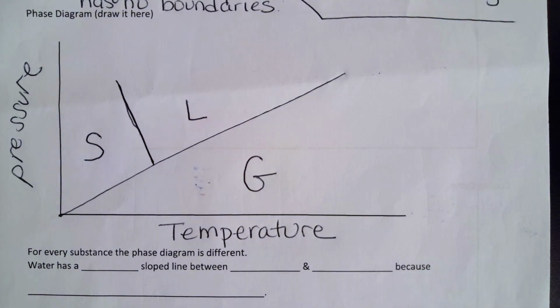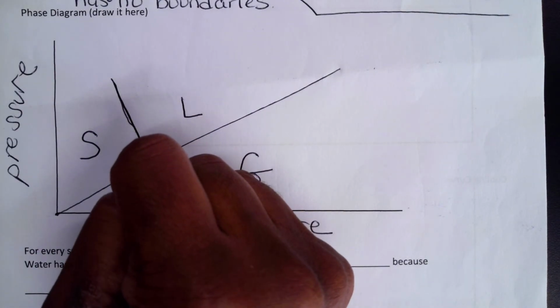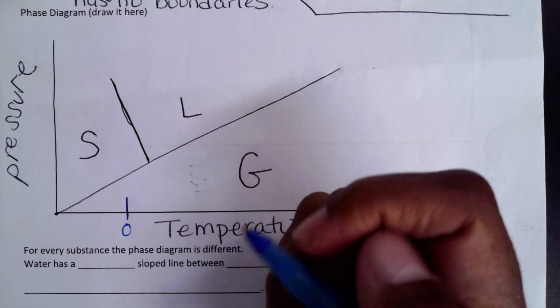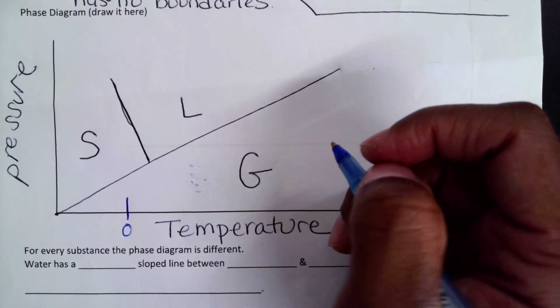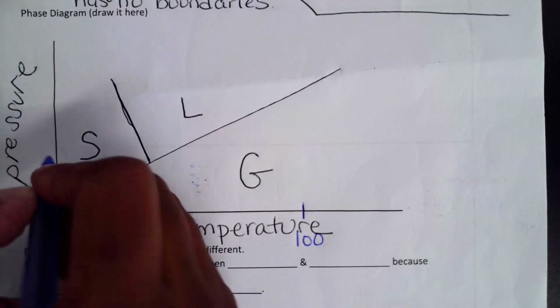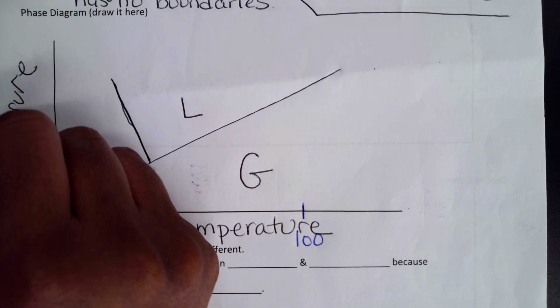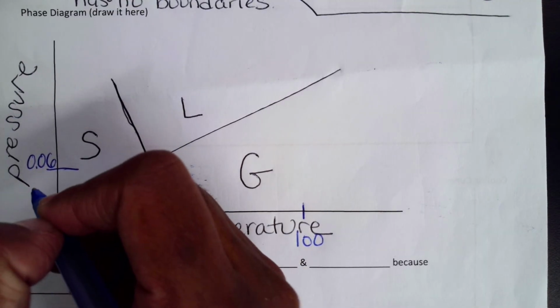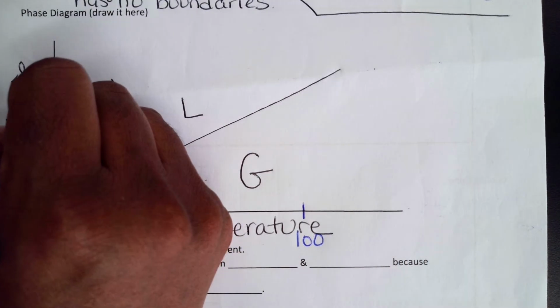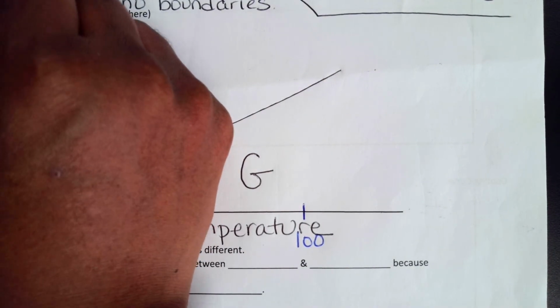So now all we have to do is label it and read the diagram. Actually, it has some numbers here. I'm going to put 0 right here, 100 right here. We have 0.06 in the diagram. We have 1, and then all the way up here, it's like 218 for pressure.